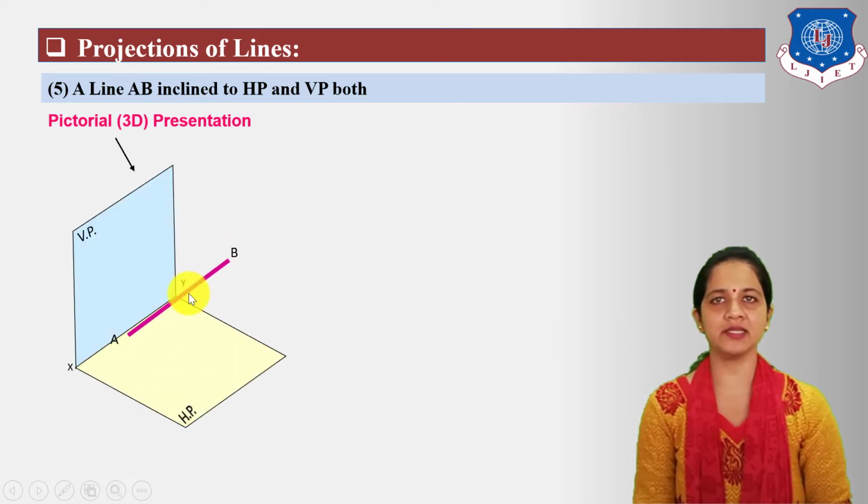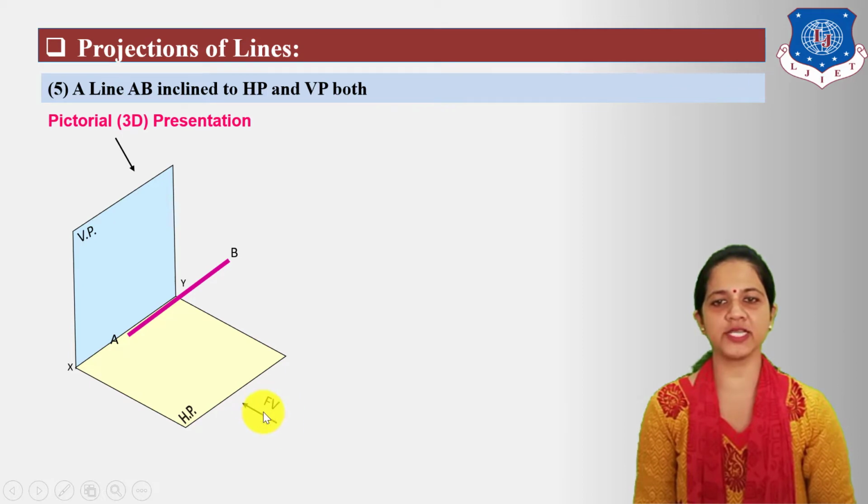Here you can see the pictorial or 3D presentation of line AB, which is inclined to the horizontal plane as well as the vertical plane. Now in this case, we cannot project the true length of this given line AB in any view. Next, take projection from front and top direction.